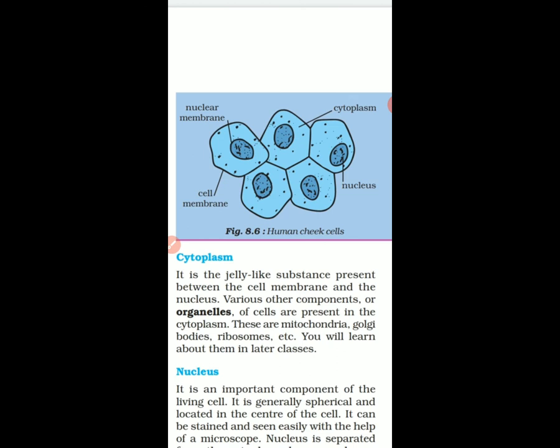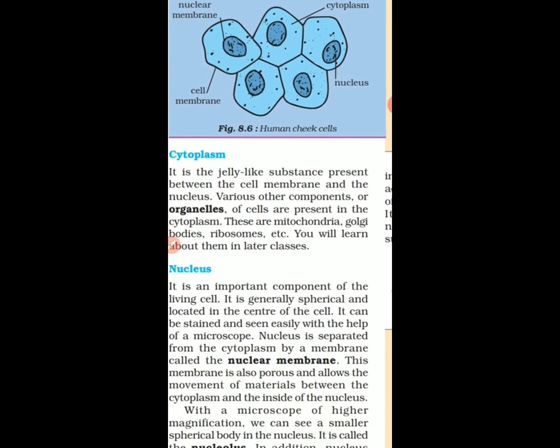They are, names are given, Golgi bodies, ribosomes, mitochondria, etc. इसके बारे में हम आगे पढ़ेंगे, but you can write that different organelles, Golgi bodies, then ribosomes, these are all present in the cytoplasm. Okay. Now nucleus. What is there in the nucleus?